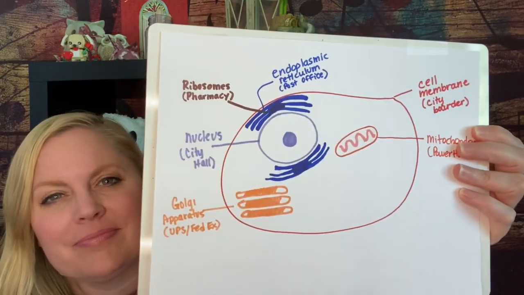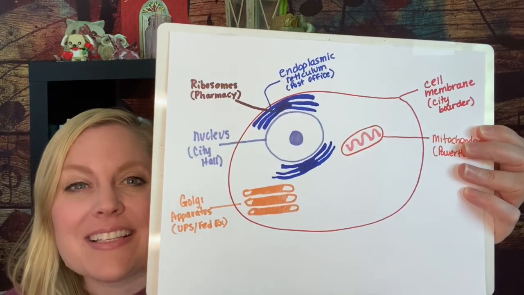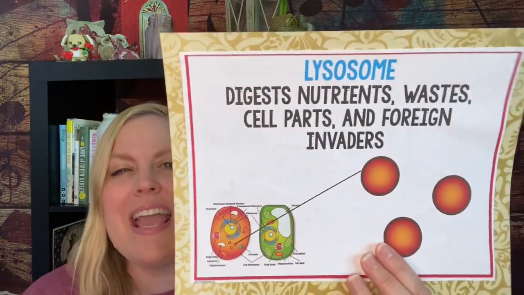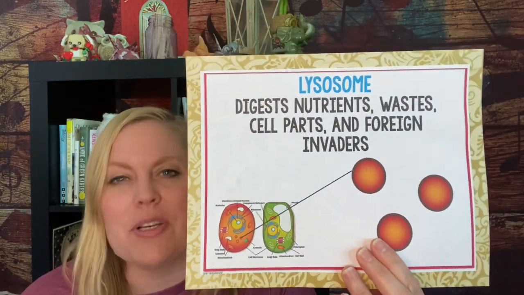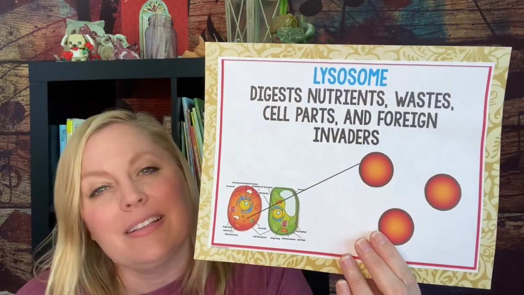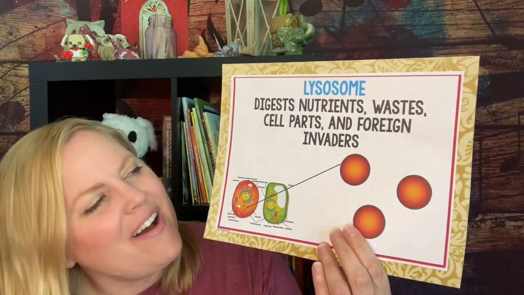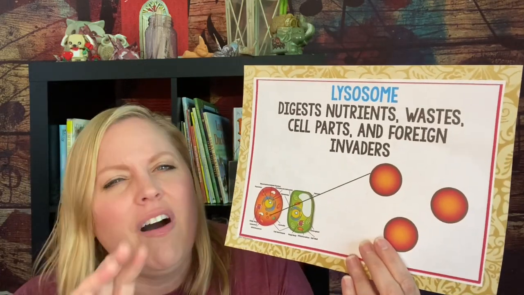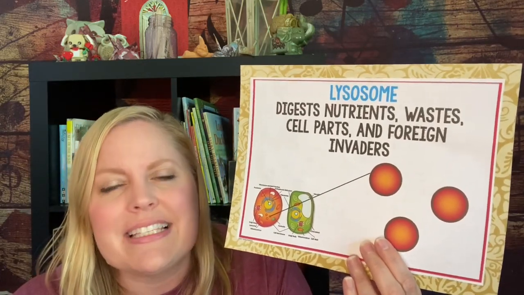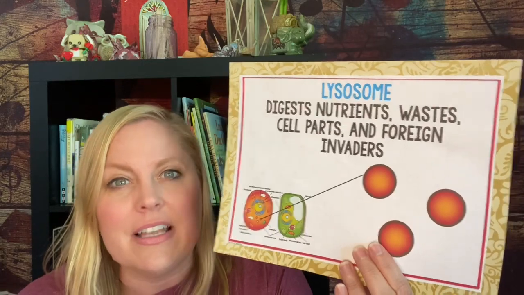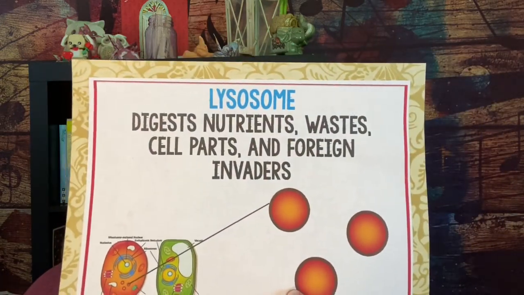Okay, let's go to the next organelle. Next we have the lysosomes. They are like the garbage disposal in our town that takes all of the invaders, all of the garbage that's in the cell out of the cell and moves it away.